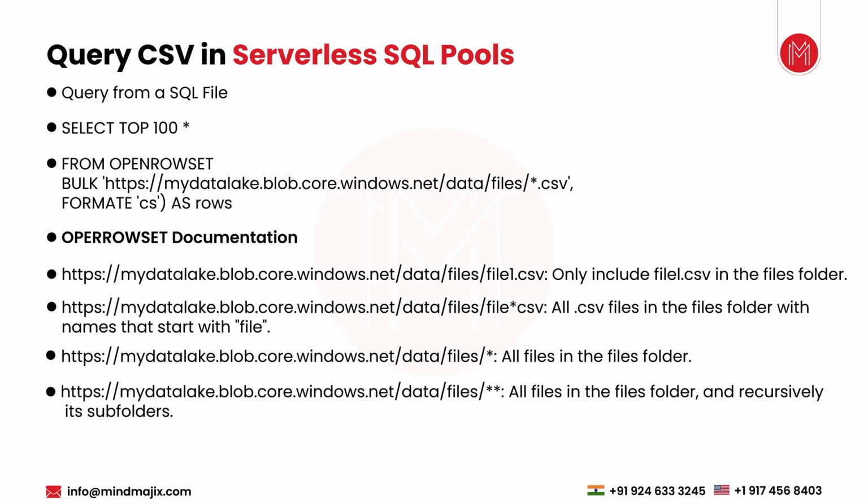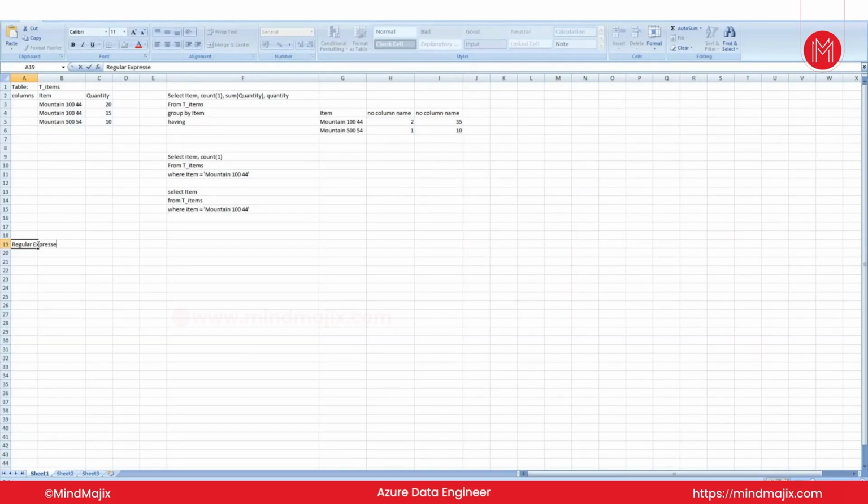And this we have already covered, I believe. When you give the BULK and the URL, if you give a file name directly, it will pick up only one file. And if you give file star dot csv, let's take an example for the regular expressions. So in Unix, there is something called a regular expression. Let's take a file name.